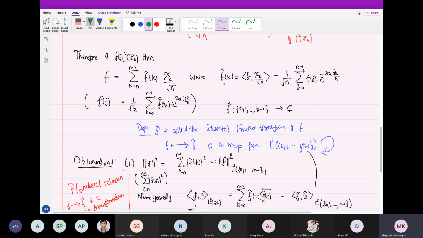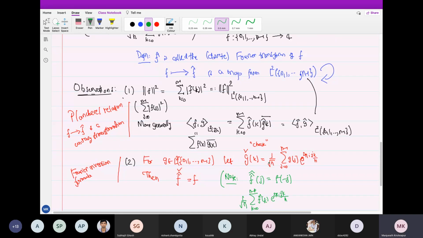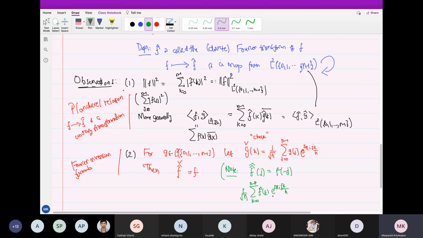Because f hat of j is 1 by square root n summation f hat of k e to the 2 pi i j k by n, k equals 0 to n minus 1, except that f hat will have a negative here.